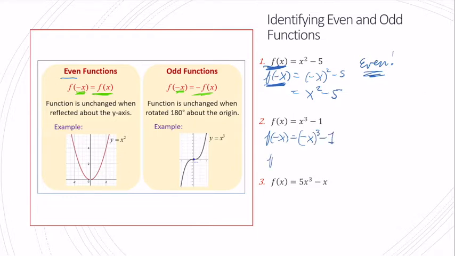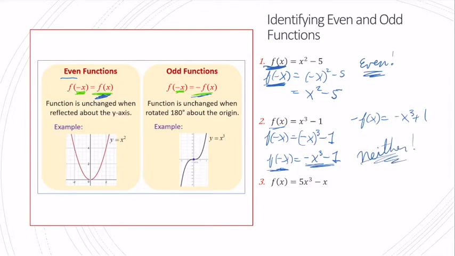That gives me f of negative x equals negative x cubed minus 1. Notice that this is not f of x. But it's also not the negative f of x. If I wanted negative f of x, that would be negative x cubed plus 1. So this is an example of neither.